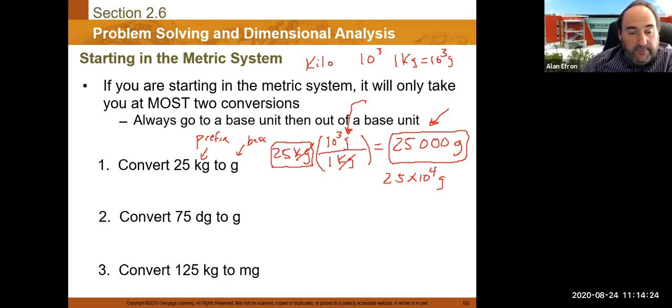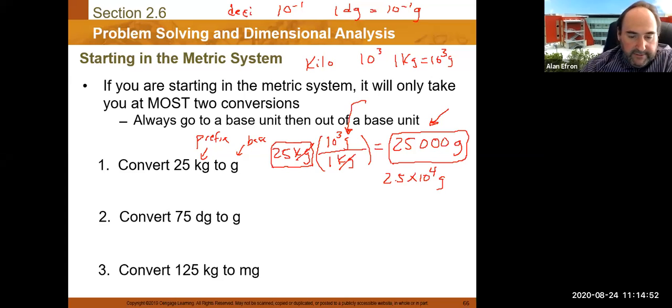So again, here as well, we're going to look at decigrams and grams. So if you go to that table, or if you know what deci is, when you look up deci there, it says deci is 10 to the minus 1. So again, our base unit is grams. So what that means is in 1 decigram, there is 10 to the minus 1 grams. Again, you could use it as 2 conversion factors as well.